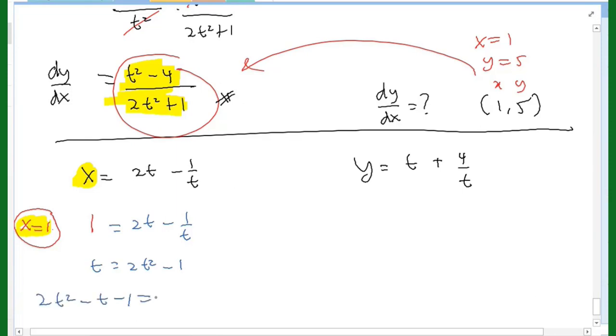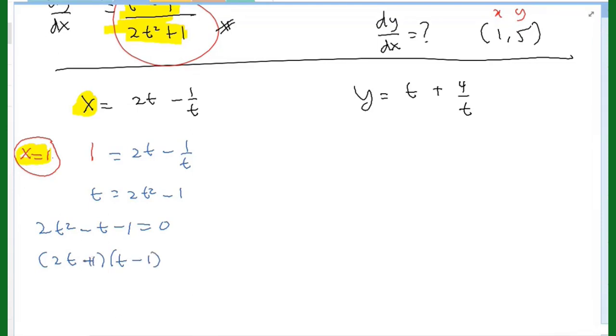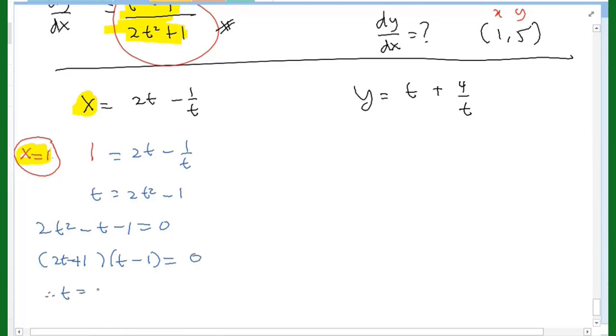Factorize. Okay, quadratic. Then 2t minus 1, t minus 1 plus lah. Okay, plus kan? Okay, check. Okay, 2t minus 1 plus ni minus is equal to 0. Therefore, t is equal to negative 1 over 2 or t is equal to 1.